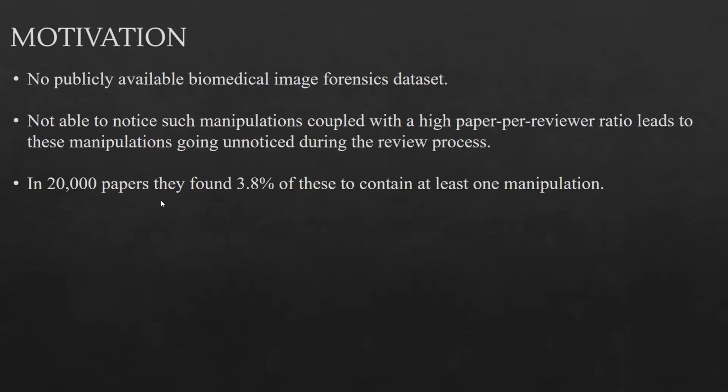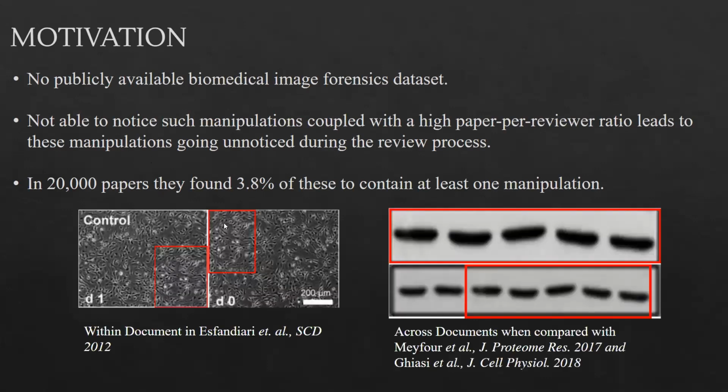So let's start with the motivation in the first place. The first point is that there is no publicly available dataset, particularly for forensics. The second motivation is the critical manipulations, as given in the figure below, which are really hard to detect.